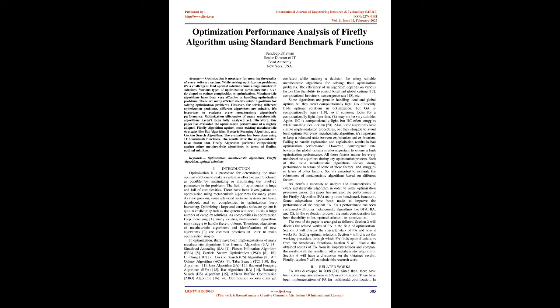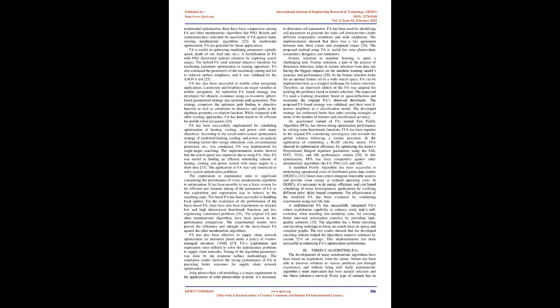GA efficiently finds optimal solutions in optimization, but GA is computationally heavy 19, so if someone looks for a computationally light algorithm, GA may not be very suitable. Again, HC is computationally light, but HC often struggles while handling local optima 20. Also, some algorithms have simple implementation procedures, but they struggle to avoid local optima.